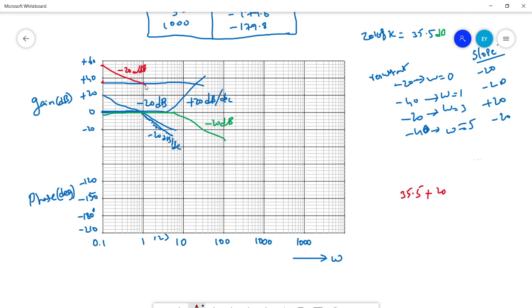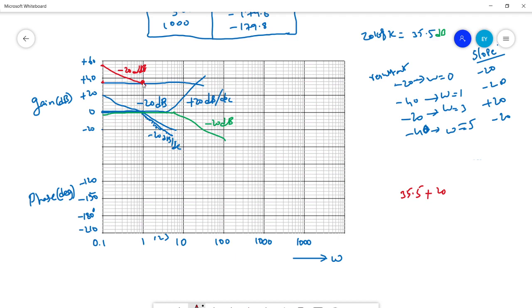Then at omega equal to 1, there is a pole which is contributing minus 20 dB again. So you need to write minus 20 dB, right?